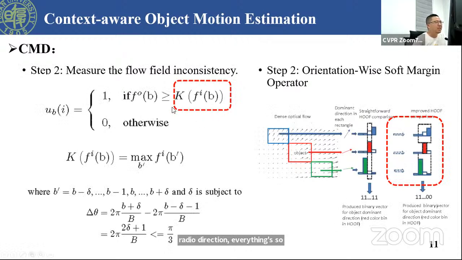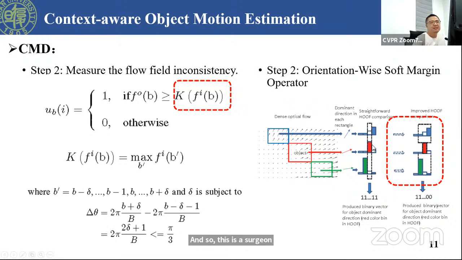So we propose a new method to measure the flow field inconsistency. We apply a neighborhood value to measure the inconsistency. The neighborhood is represented by a key of FIB, which, as you see in this equation, tries to get the maximum of FIB across the B prime. This is shown in the right figure.